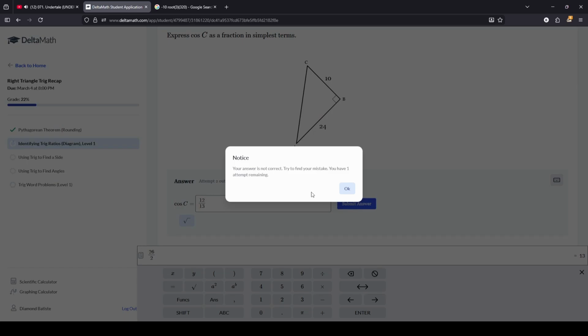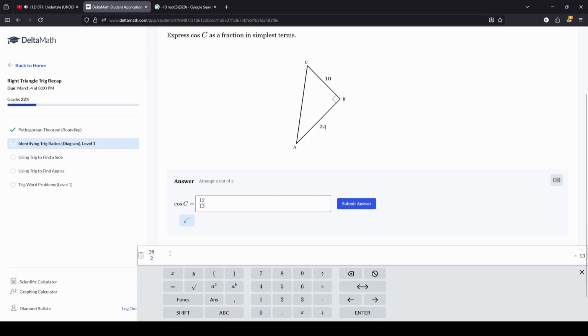Huh? What? Huh? 1, 2, 13, 2. This. You don't think it can be... You don't think 24 goes into 13, do ya? No, that'd be crazy.